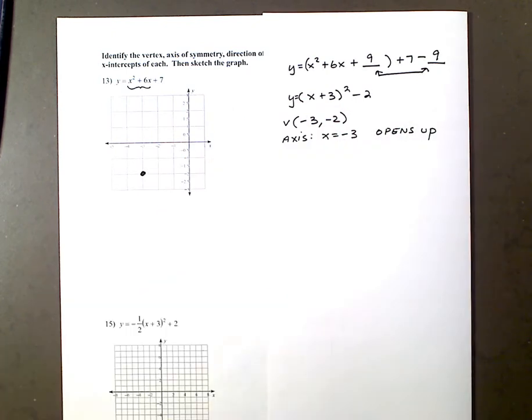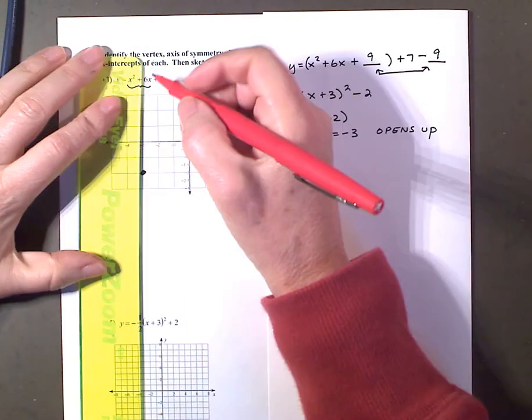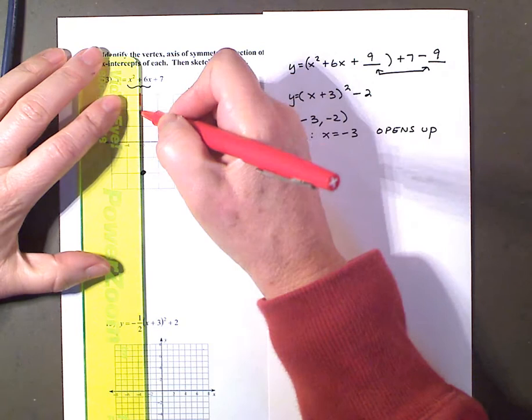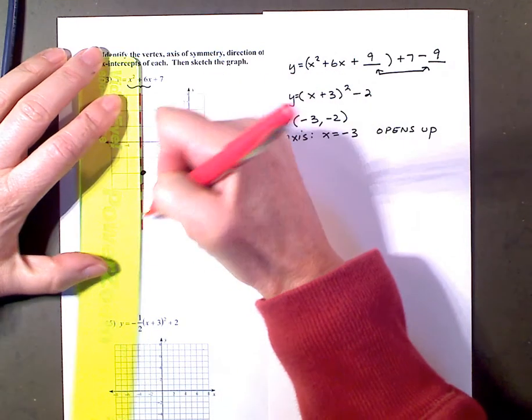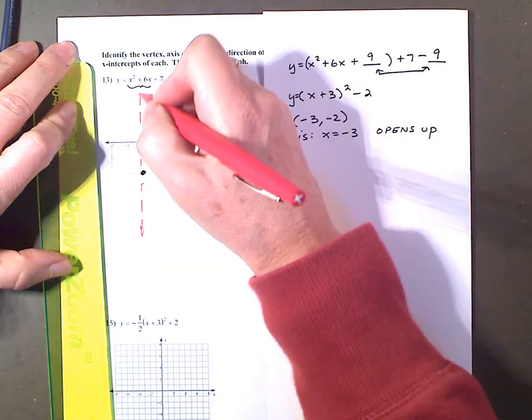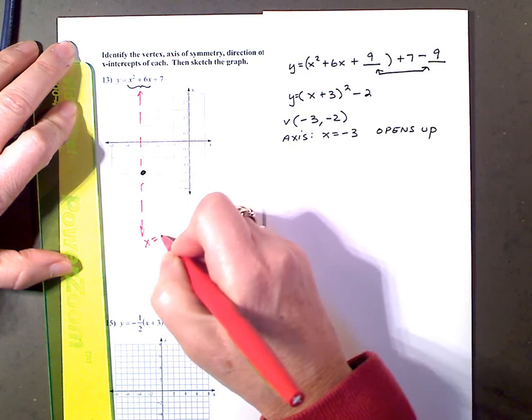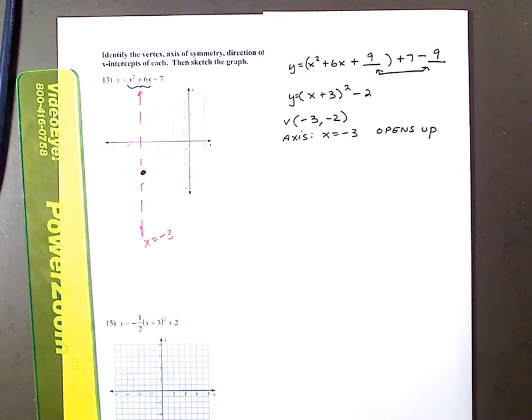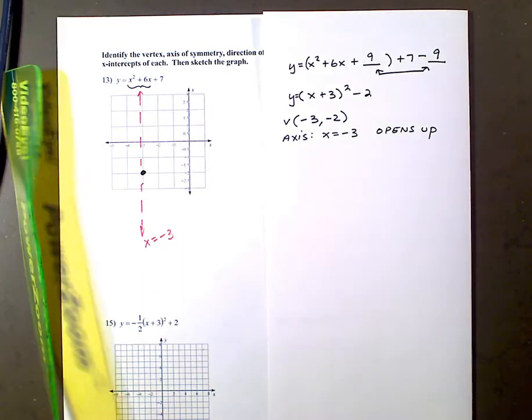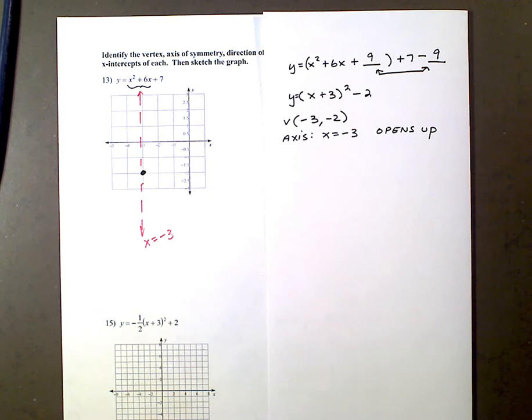I'll dash a red line in here for my axis of symmetry. Okay, and now I know that the parabola is going to open up symmetrical about that line, so I'll look for a few other key points.